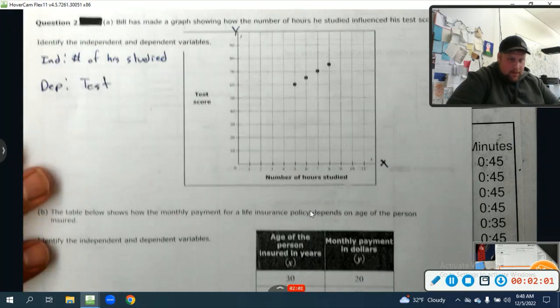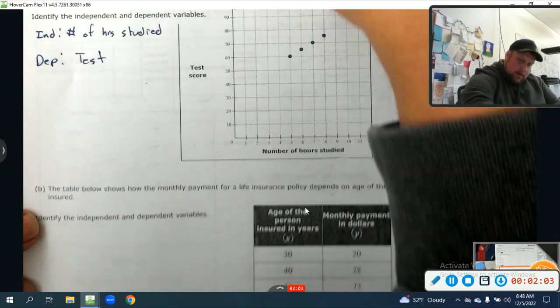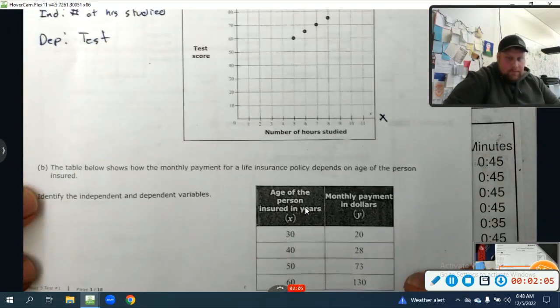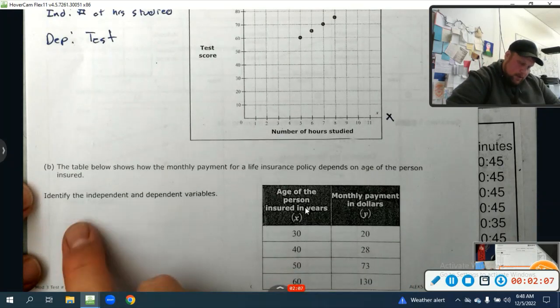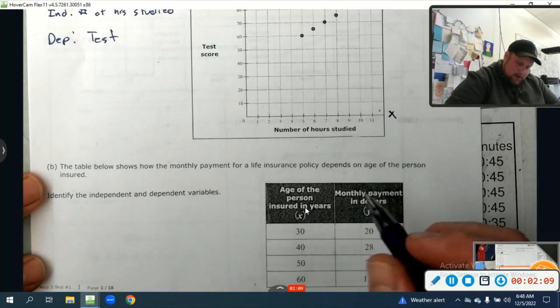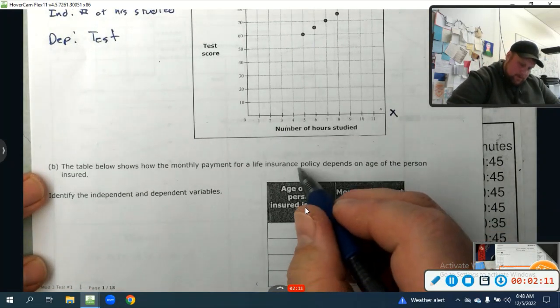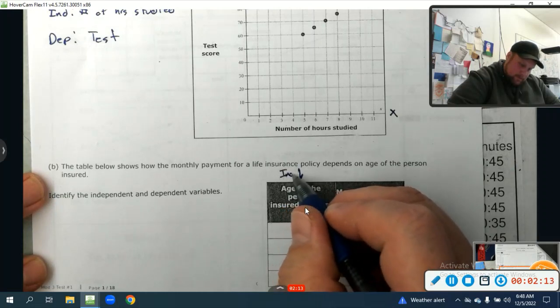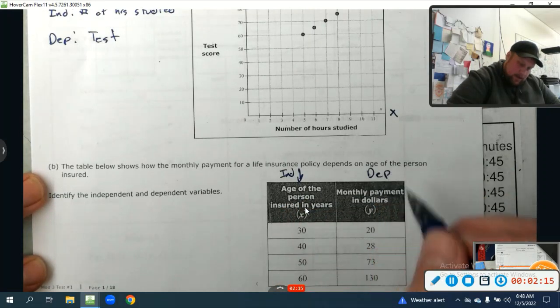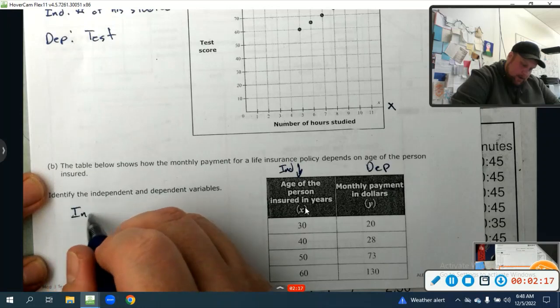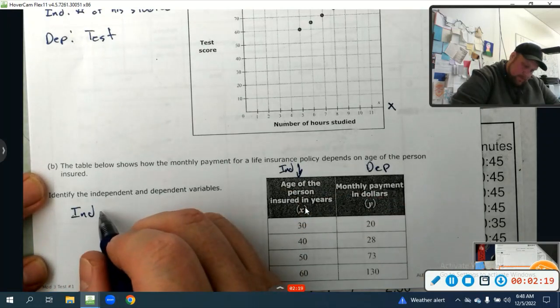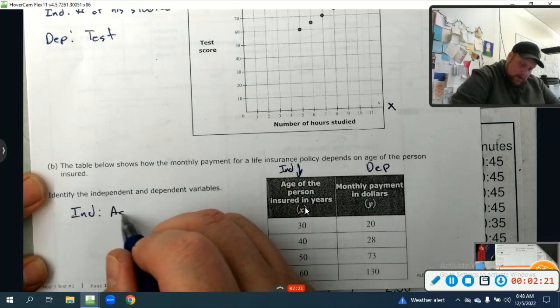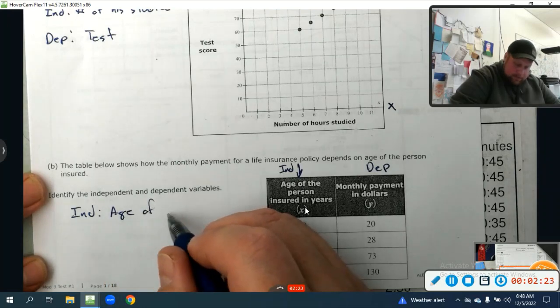Awesome. Okay, we're going to have another one of these down below, which just says identify the independent. Again, independent is always x. So my independent is the age of person insured.